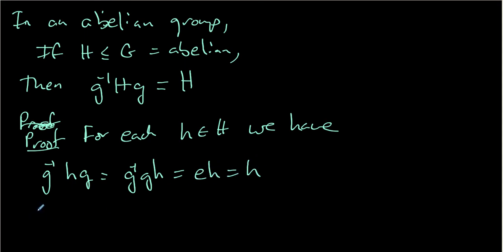And so that's actually going to say that x is inside of this conjugate subgroup if and only if x itself is inside of H. Because what we can start with is x is inside this subgroup says x is equal to one of these guys. So it's important to realize that in the abelian case, conjugate subgroups are not very interesting.